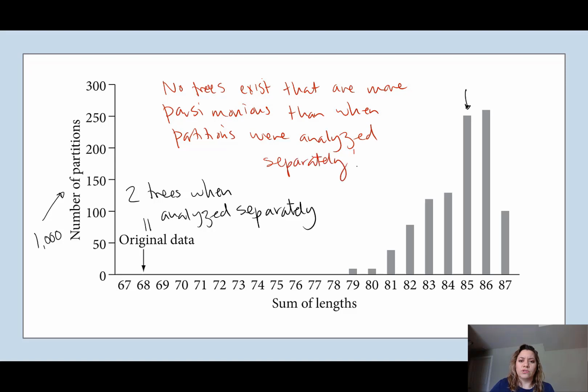What this suggests, guys, is that you should not combine these data sets, because all they do, based on these 1,000 random pseudo partitions, is give you longer trees. So this suggests that you should keep the two partitions separate.